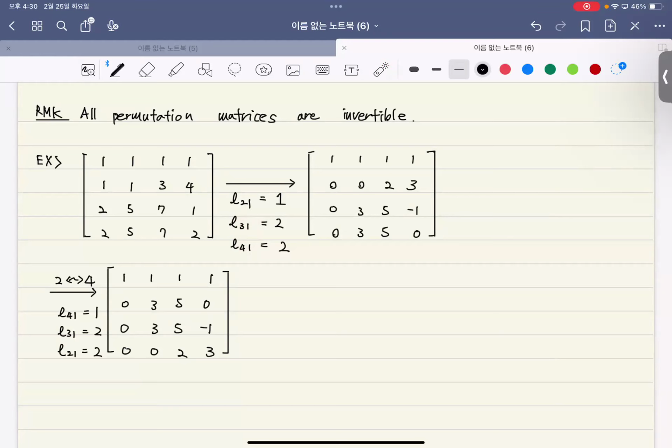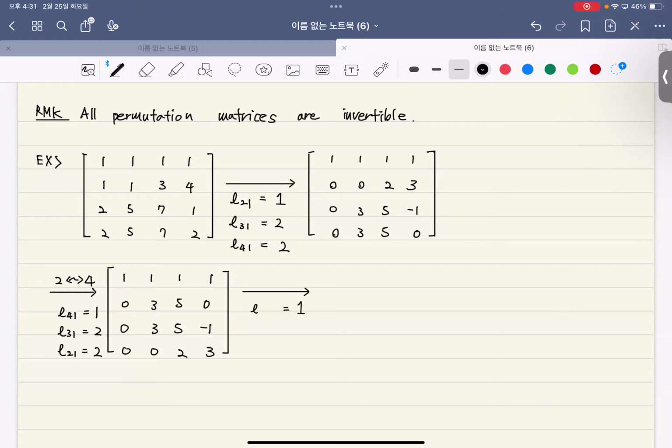Okay. Now, I will also need to remove this entry. How? By multiplying -1 to the second row and adding it to the third. I said multiply -2, -1, sorry.